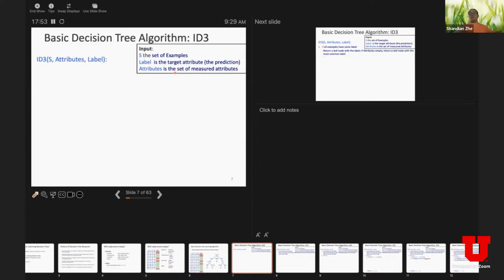And then I'm gonna recursively call ID3 over each subset to do the further partitioning, until we should stop on some leaf nodes. So if you want to design a recursive algorithm, what's the first thing you need to consider? Yes, the base case. That's very good.